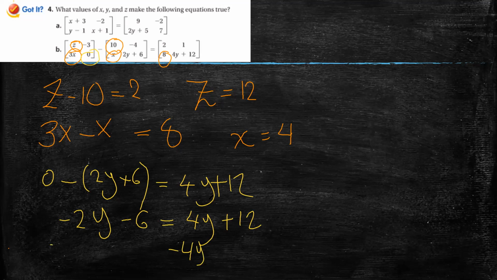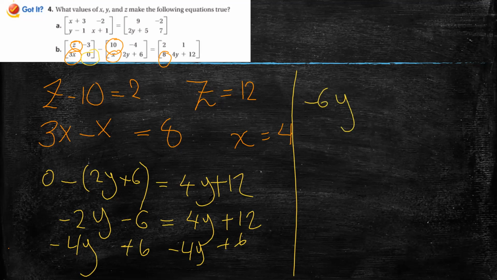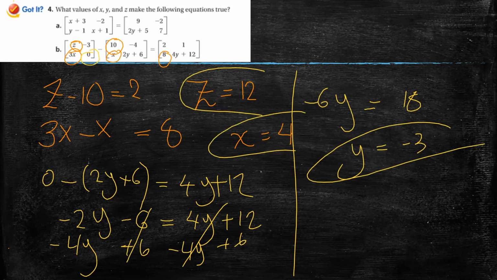Minus 4y, plus 6, plus 6. You will get negative 6y equals 18. So y is negative 3. So this is how we find x, y, and z.